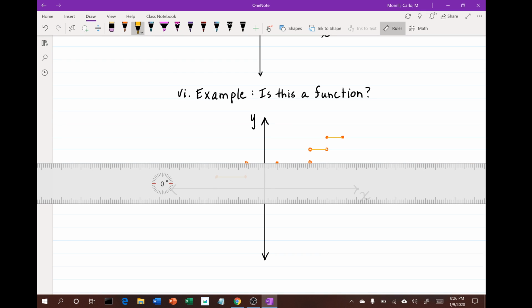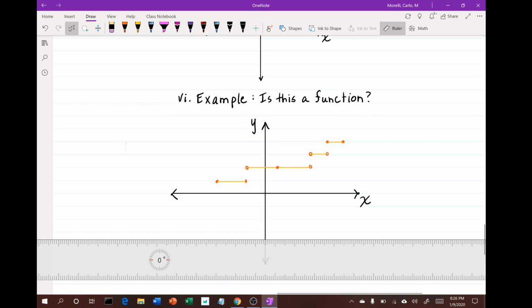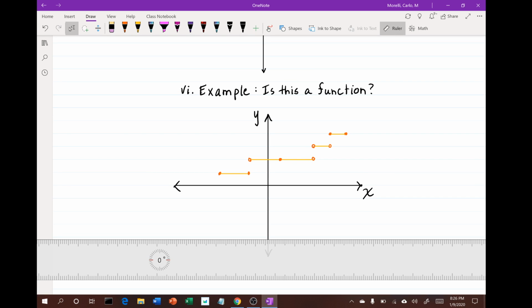So I'm just going to throw a bunch of nonsense in here. Okay. Oops. Is this a function? And let's do this.